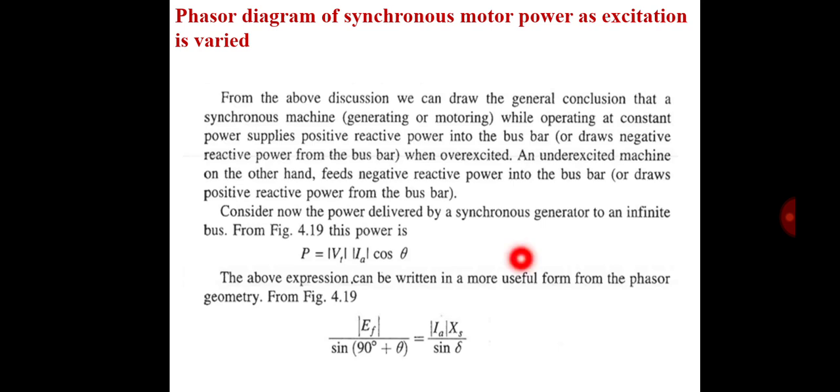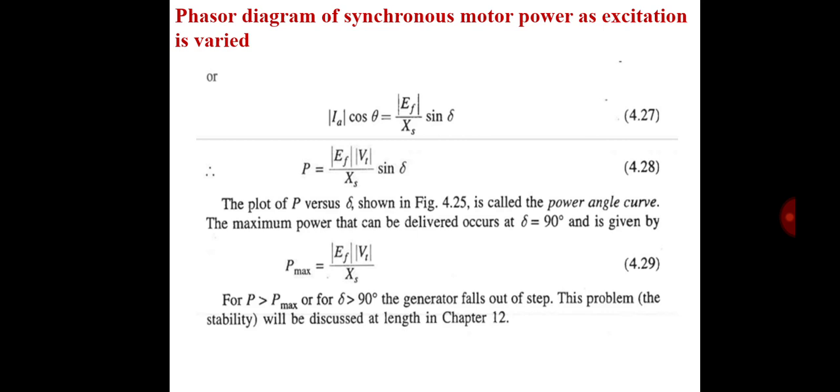Xs goes to the downside and sin delta goes to the upside, so the equation becomes Ia cos theta equal to Ef divided by Xs into sin delta. So P is equal to Ef Vt divided by Xs into sin delta.